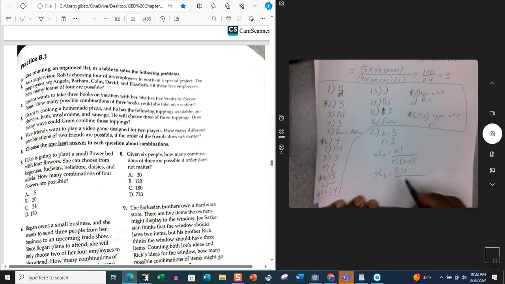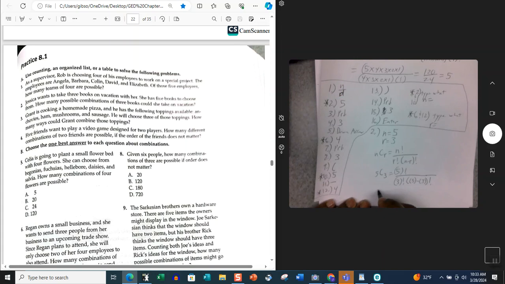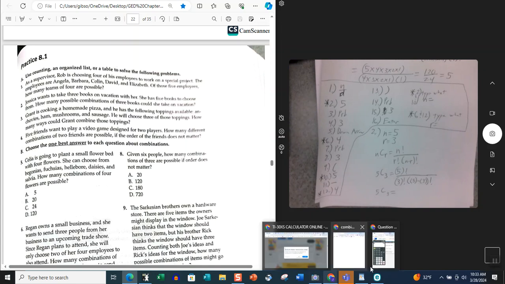In our denominator, we would have 3 factorial. And then in parentheses, we have 5 minus 3 factorial. Now we have 5C3 is equal to, now we just put this in our calculator. Let's pull up the calculator.